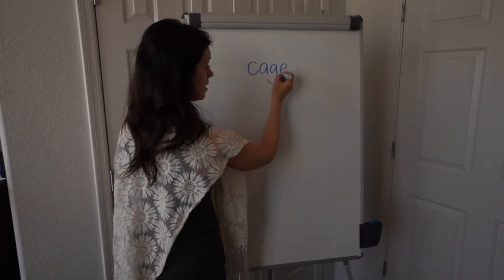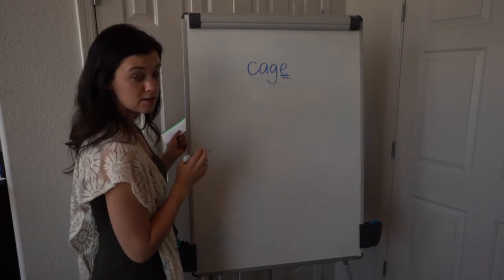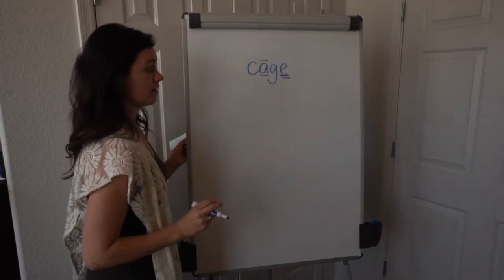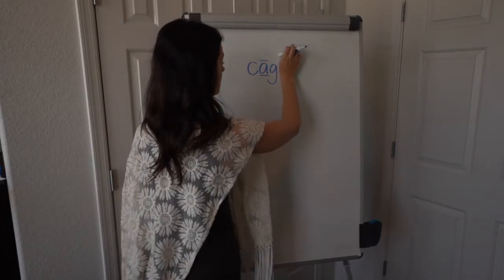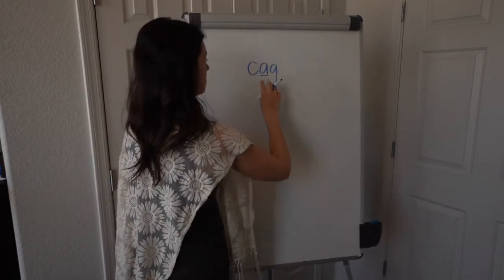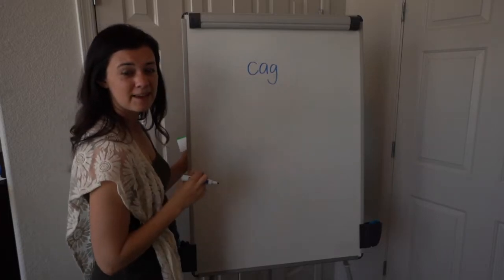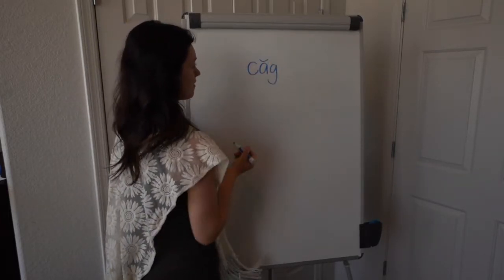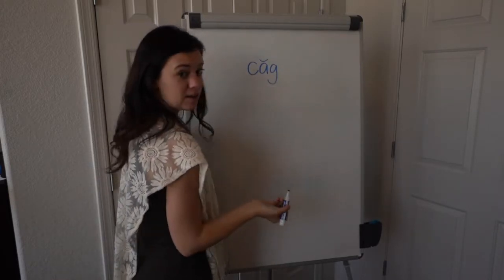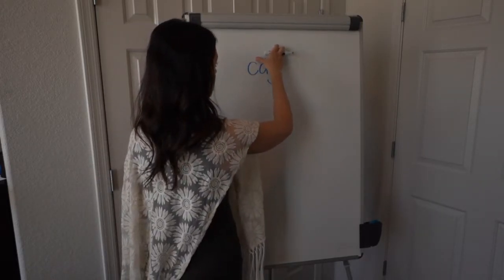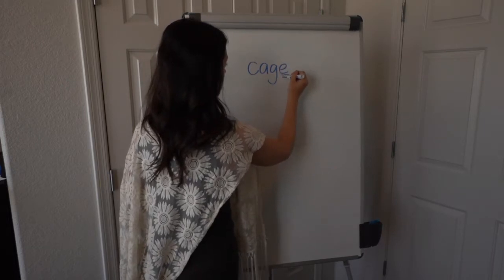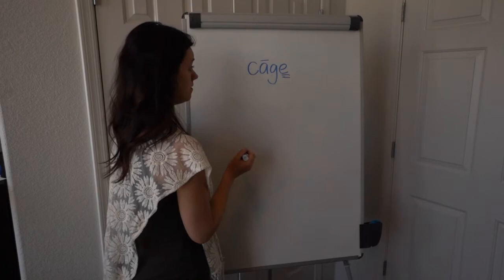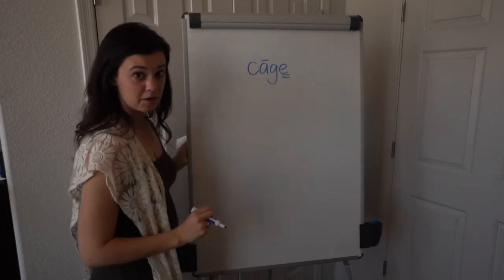It's making this G say J instead of G, and it's making our A say its long sound. See, if we took away the E, what do you think this word would be? Can you read that? Tag. That's a made up word. That's goofy, right? The A is saying its short sound, and the G is saying its hard sound. But when we add the E, it makes the word say cage. It makes that A long, and it makes our G say its soft sound.